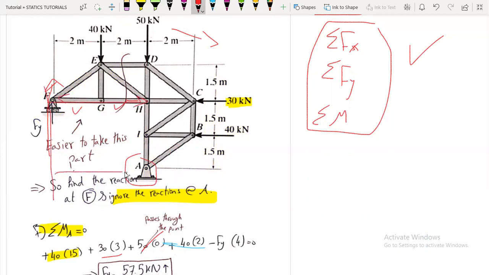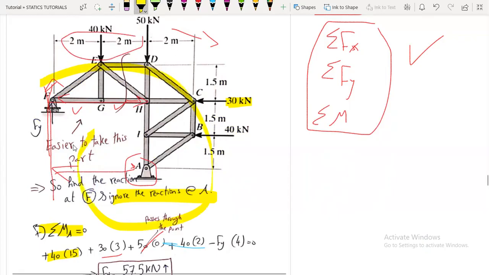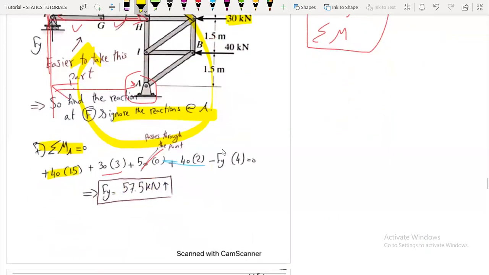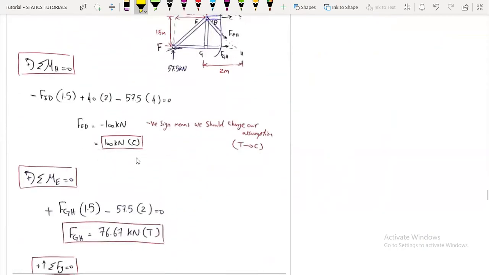This distance is what? 4 meters, correct? And it is rotating what? Clockwise, so it's negative. So minus Fy multiplied by 4, we'll get Fy, the reaction at F, to be 57.5 kilonewtons, acting upwards.